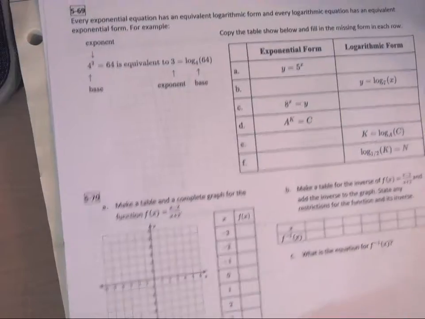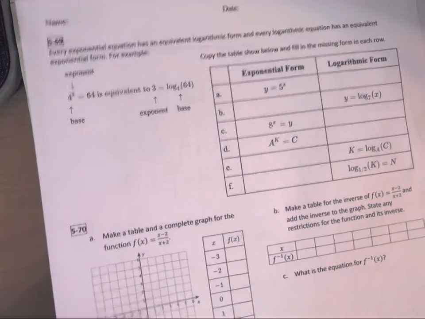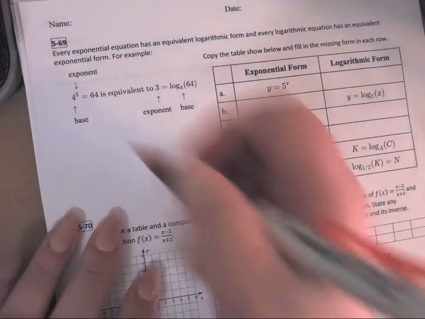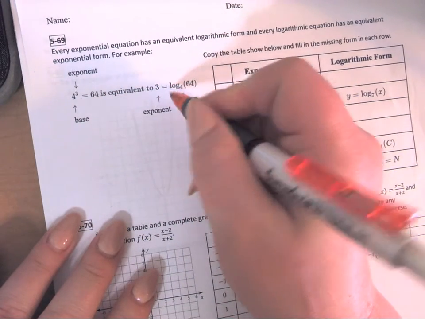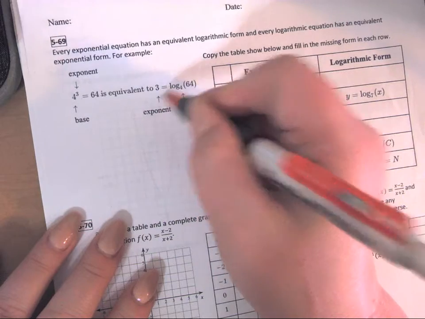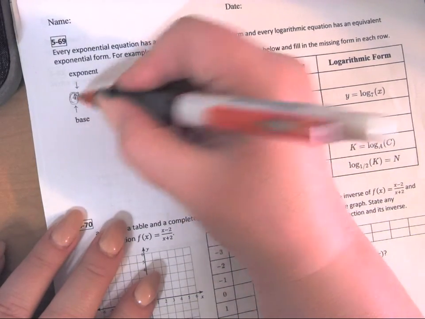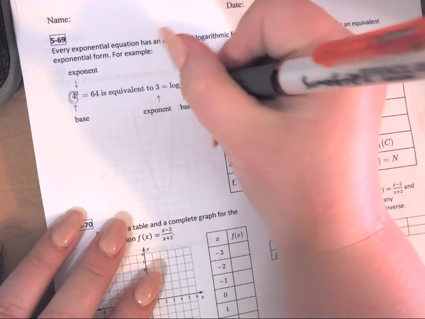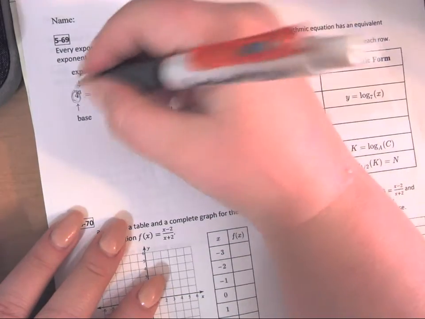Okay, moving on to, so that's what I was saying, 5-69. So 4 to the third is equal to 64, right? This is equivalent to this, where this is the exponent, and the base is important. The base of the exponent is the base of the log, and these switch places.